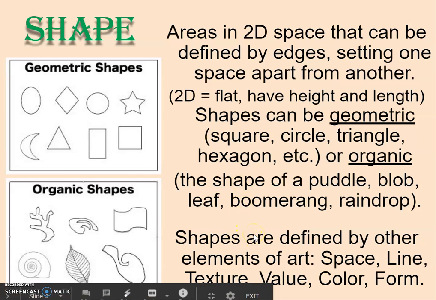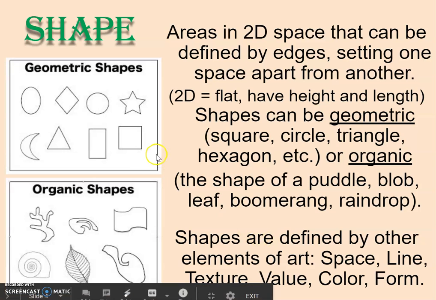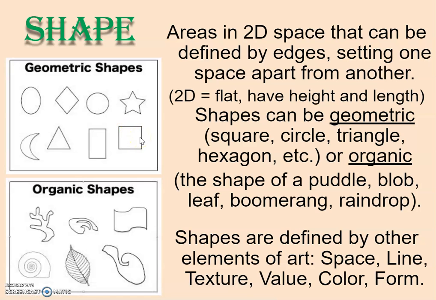Shapes are defined by other elements like space, line, texture, value, and color. For example, right in here, up by geometric shapes, we have a square. This square is created through line. We have 4 straight lines, all the same length, put together in order to create this square.